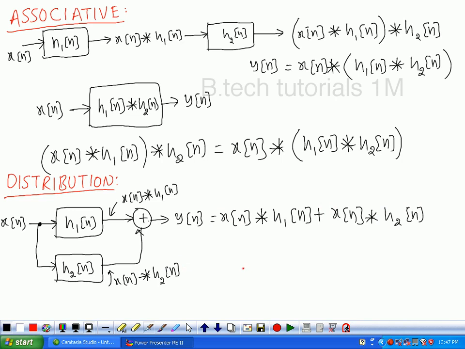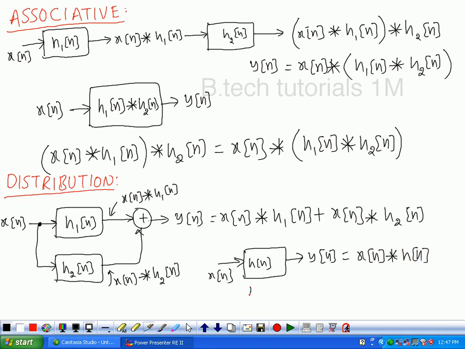Now, if you consider the system with impulse response h of n, the input is x of n and the output is y of n. What is the output here? This is equivalent to x of n convolution with h of n.